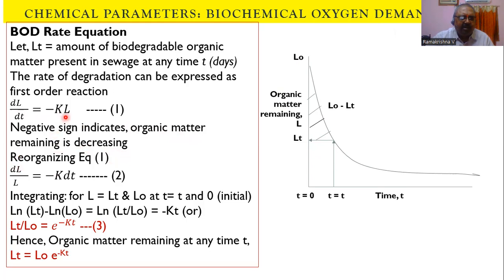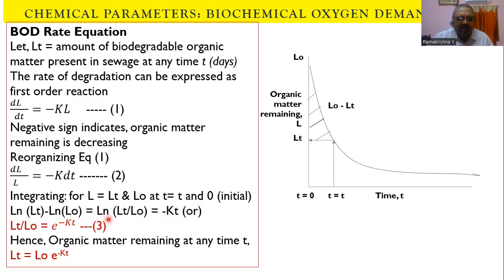Separating the terms, dL by L is equal to minus K into dt. Integrating, t is equal to 0 to t is equal to T. When t is equal to 0, L is equal to L naught. When t is equal to T, L is equal to Lt. Within these two boundaries, we do this calculation. So ln of Lt minus ln of L naught, which is ln of Lt by L naught as per logarithmic rules, is equal to minus KT.